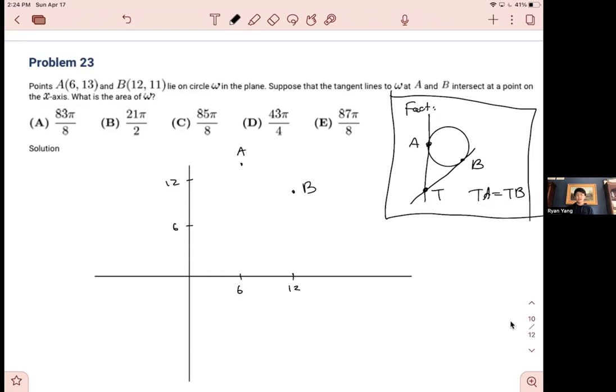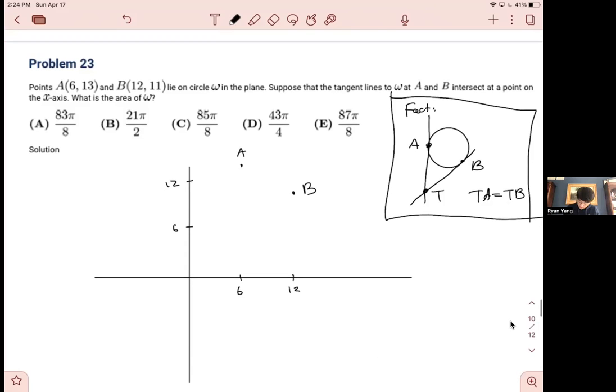And this is actually enough for us to basically immediately know where the tangent lines intersect. It's the point T here, so that TA is equal to TB, and T is on the x-axis.